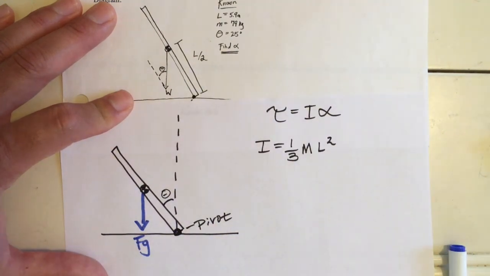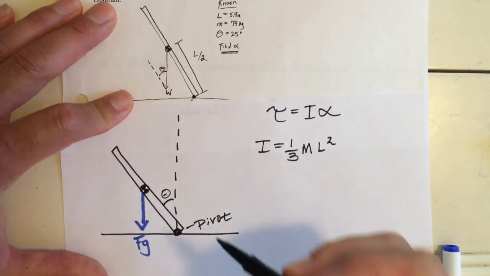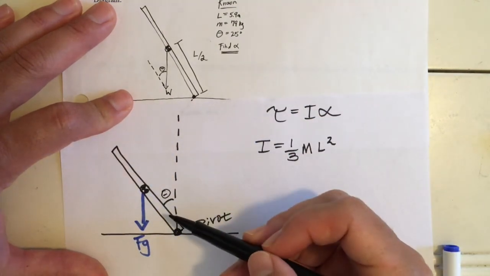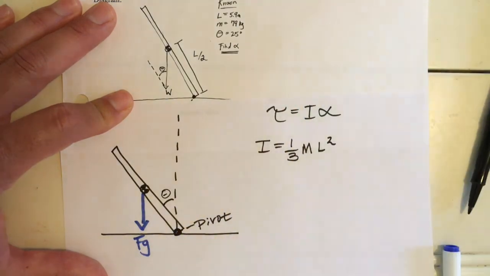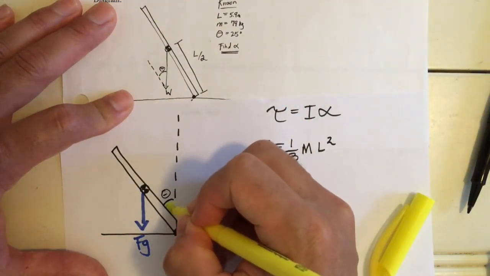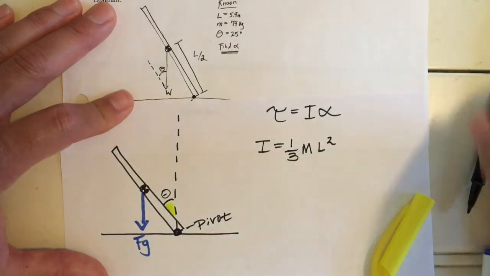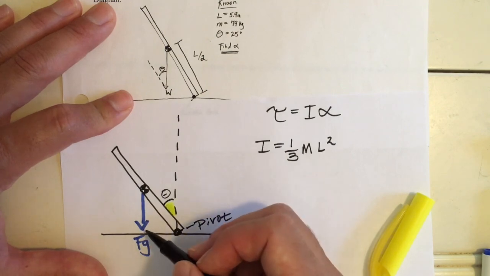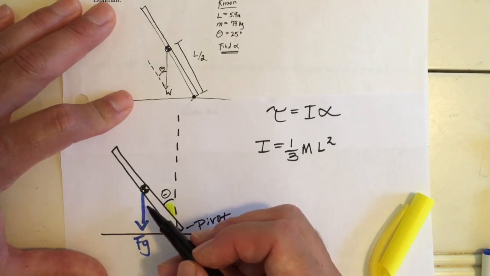And because of the way the geometry works out, if this angle here is 25, then this angle here is 65 because it's the complement, this angle here would be 90, and this angle here would be 25.